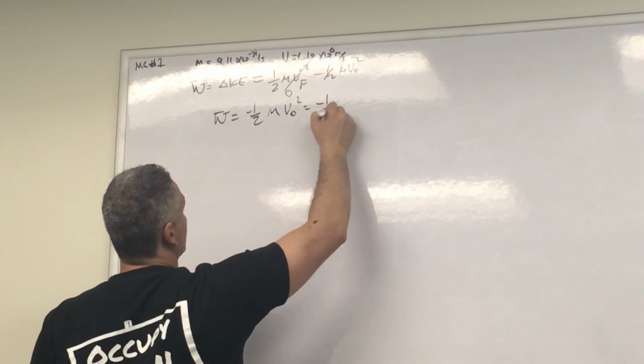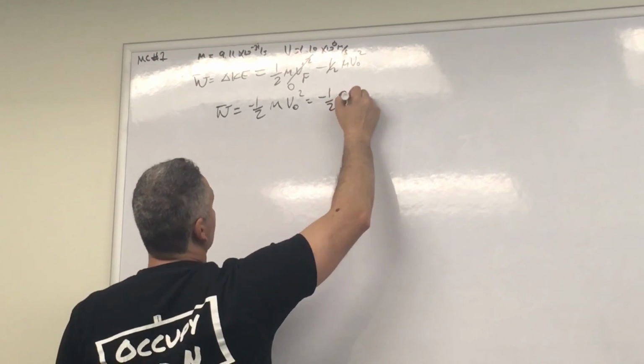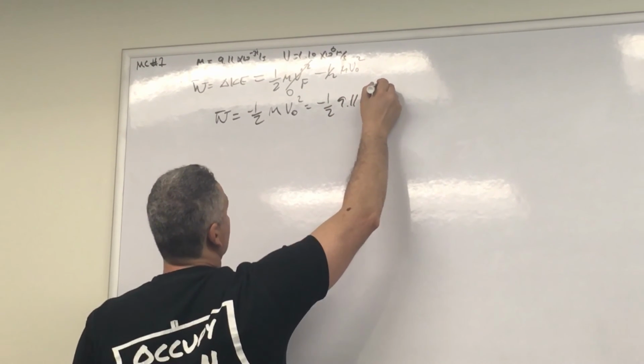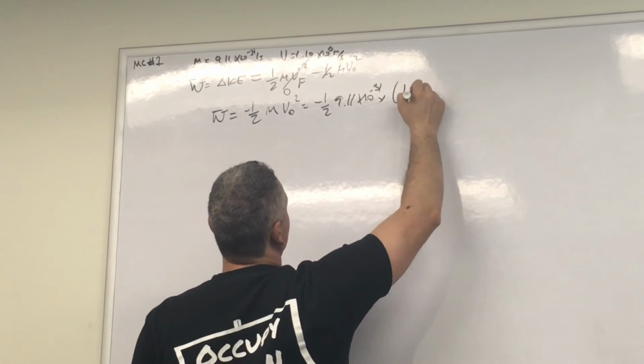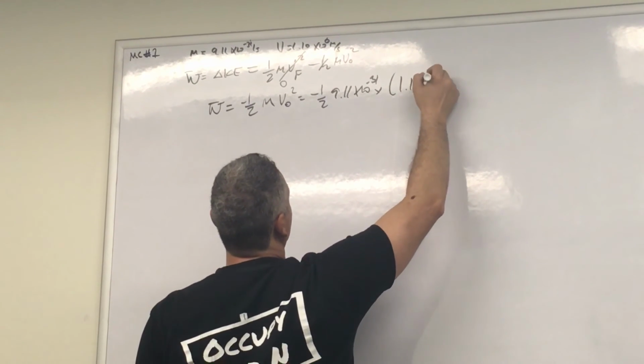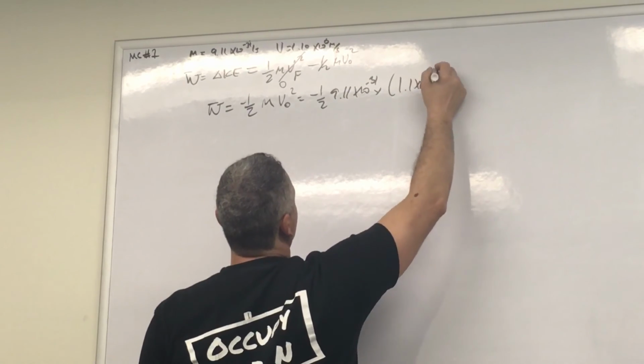Which is 1/2 times 9.11 times 10 to the minus 31 times 1.1 times 10 to the 6th, squared.